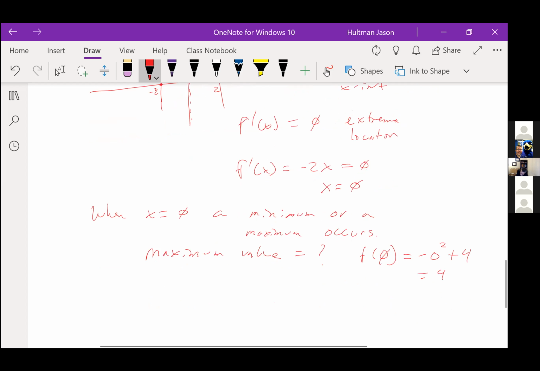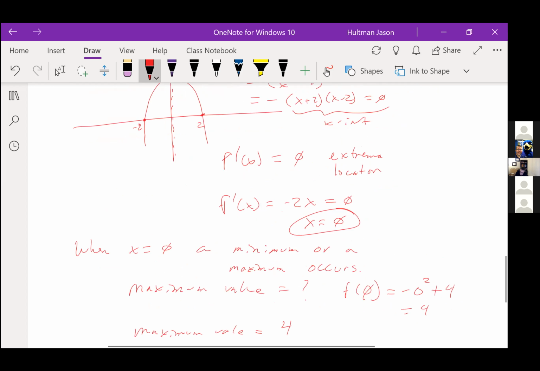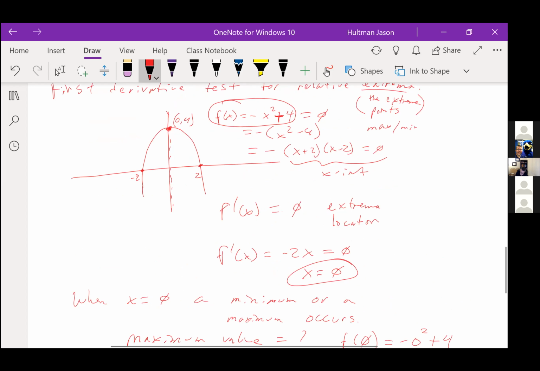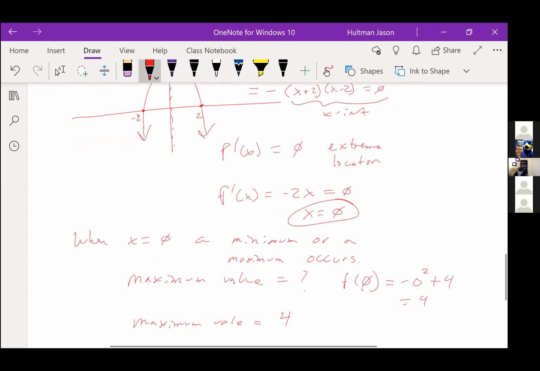So my maximum value is equal to 4. What's my minimum value? Well, there is no minimum value. I only got one critical value. So there is no minimum value, which makes sense because this is a parabola. And so there is a maximum value here.